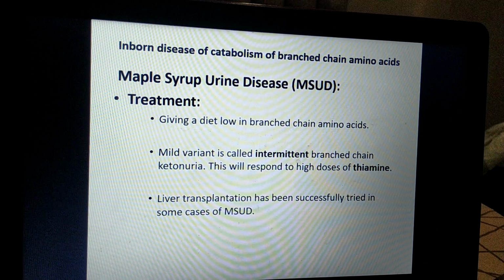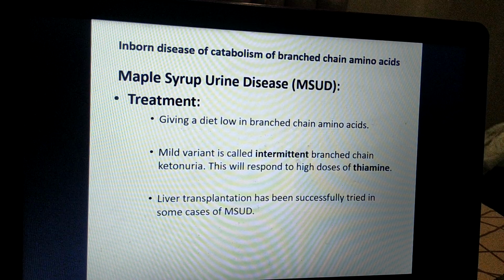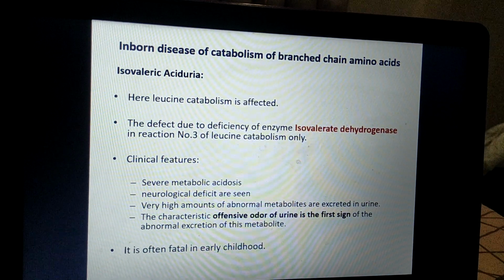Therefore, the symptoms may be lowered. The final treatment of the disease is liver transplantation, which has been successfully tried in some cases of maple syrup urine disease.